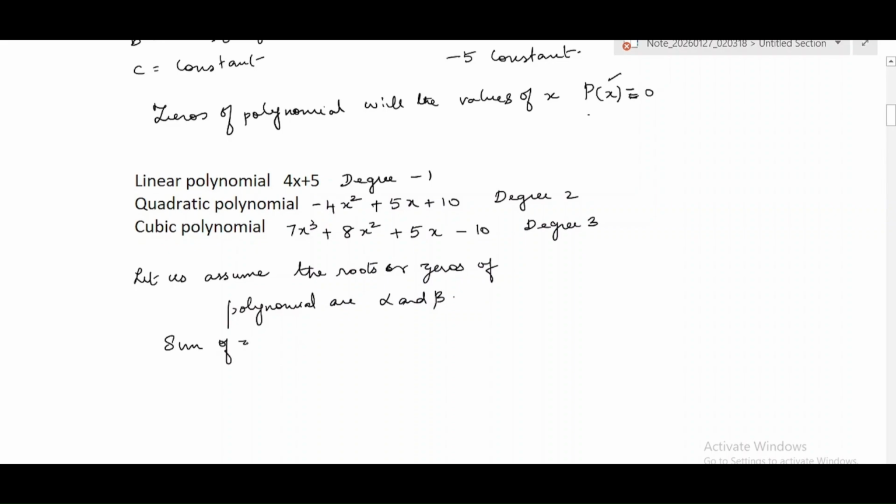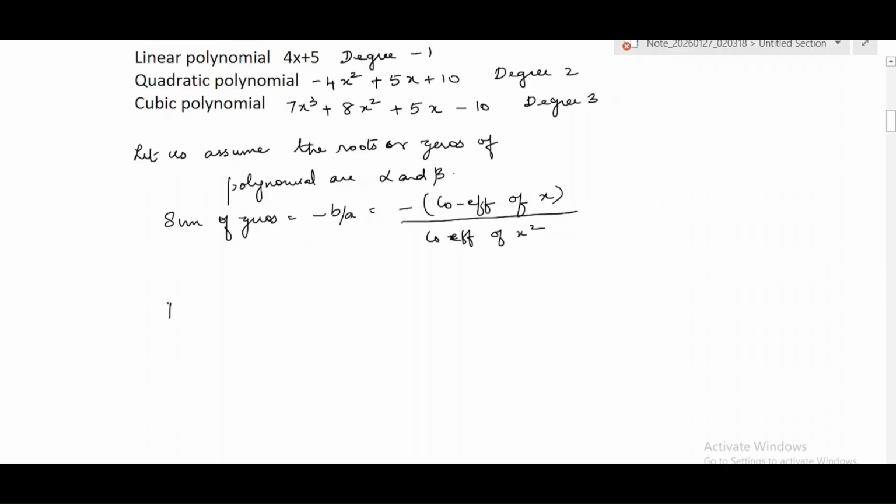Sum of zeros is equal to minus b by a: minus of coefficient of x by coefficient of x squared. Product of zeros is equal to c by a. c is what? c is the constant, so constant by coefficient of x squared.